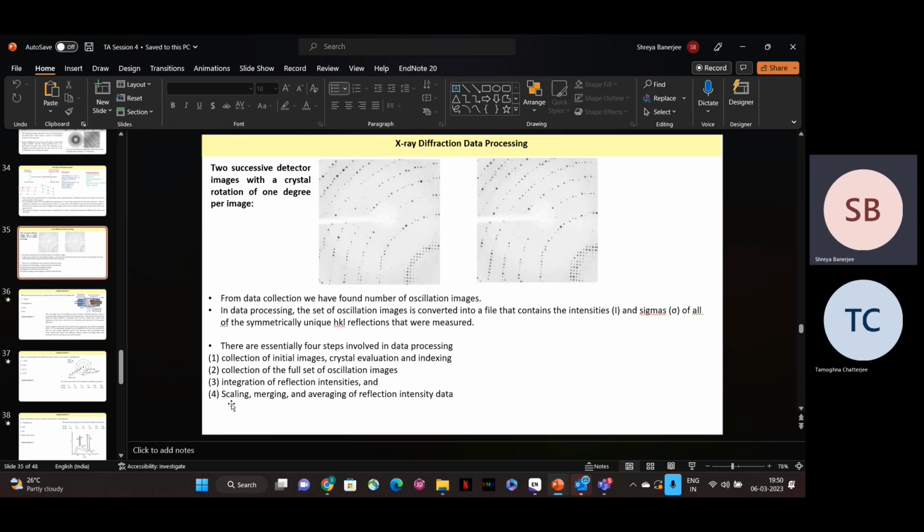Then it is scaling, merging, and averaging of the reflection intensity data. Say you have 10 images from 10 different angles. You are looking at each spot from 10 different angles, getting data about that spot in 10 different ways. You have to merge those 10 images to get a final 3D image. That is what merging is. I don't have any slides explaining that, but I can prepare some for the next lecture to make it clearer.